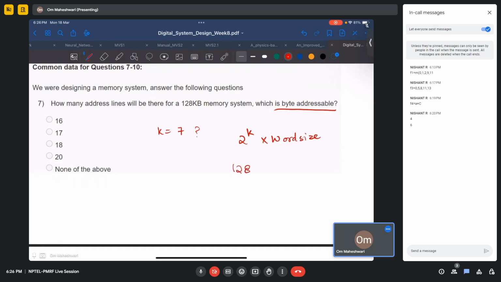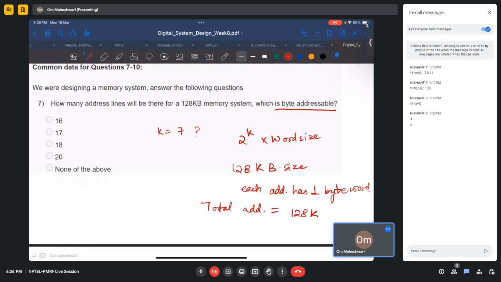You're missing something. 128 KB. We have total size. Each address has one byte word, right? So total address is 128K, not 128.